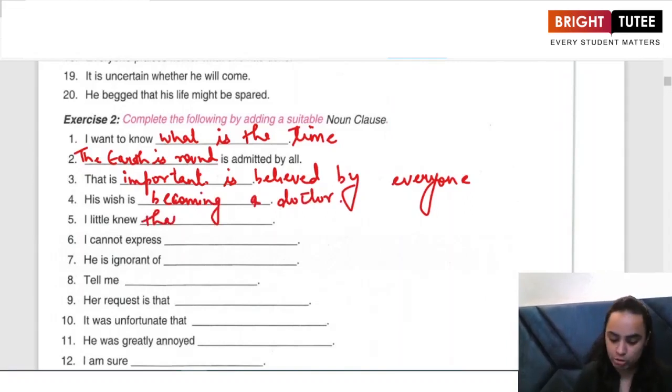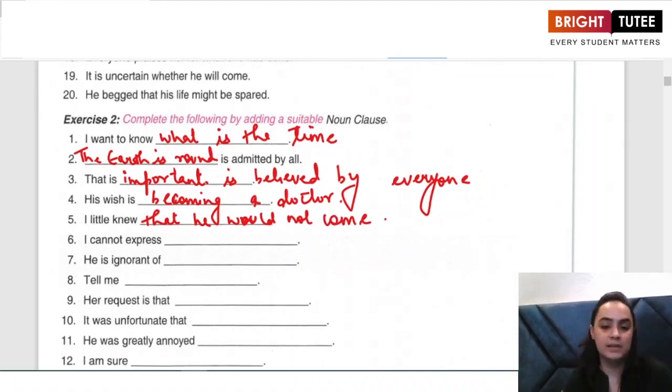That he would not come. So you see, there are multiple ways. At the time when I would have been writing the answers for you, multiple answers would have been coming in your mind as well. So there are multiple ways in which you can fill these sentences. So I leave the rest for you to identify and to fill as per your own convenience.